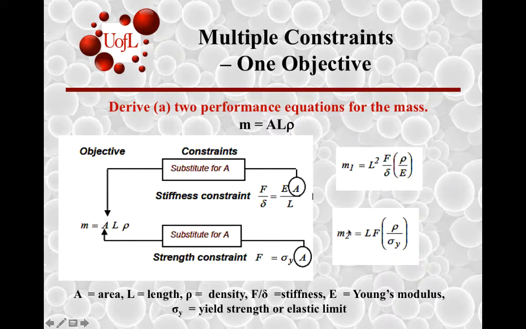Right? So the second constraint based on strength would, if you rearrange terms by eliminating A, which is a free variable, you will get L times F times rho by sigma Y. And so again, you have a product of geometry, function, and material indices.